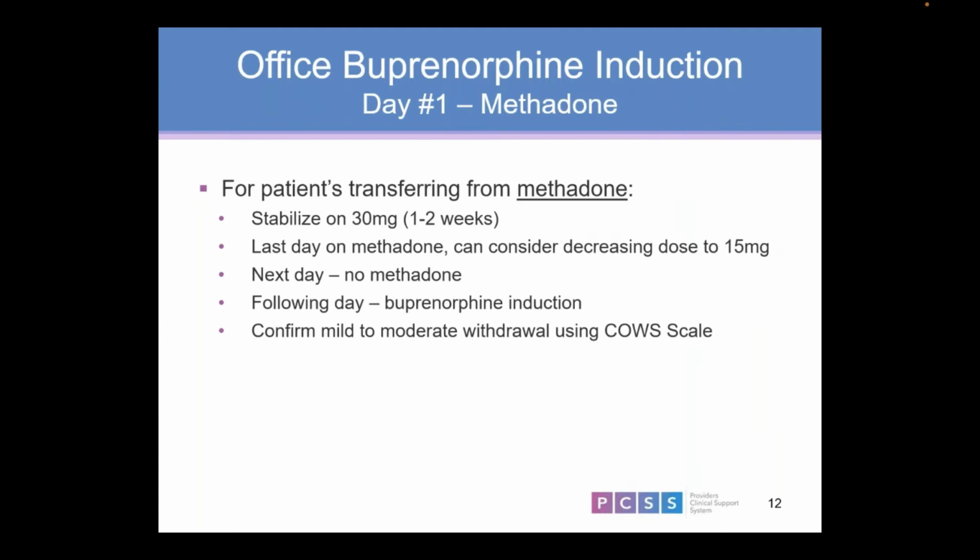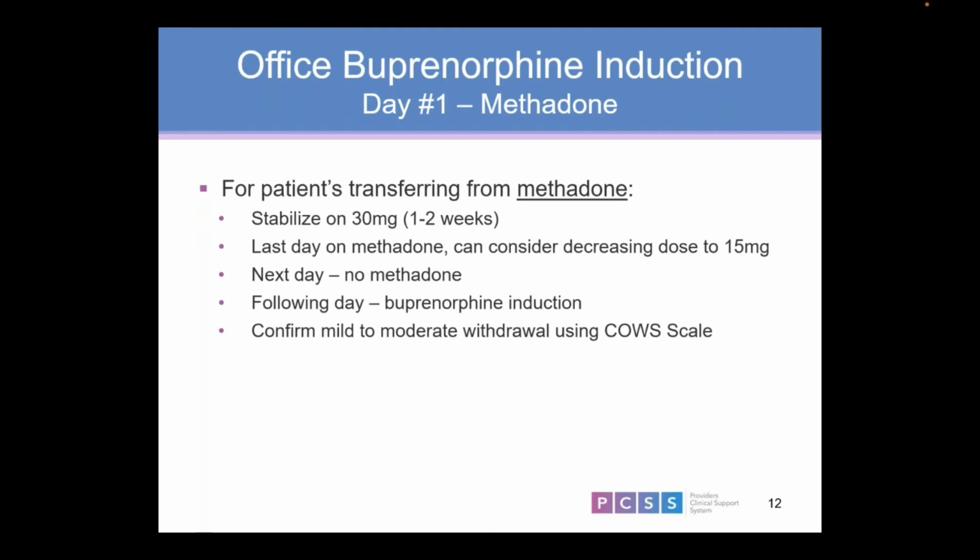If they have been on methadone, we want them to be down to at least 30 milligrams a day. There has been some consideration that for a day or two prior to stopping, they actually be on 15 milligrams. But I've done a lot of inductions going from 30 milligrams. It's hard sometimes to coordinate this with an opiate treatment program.